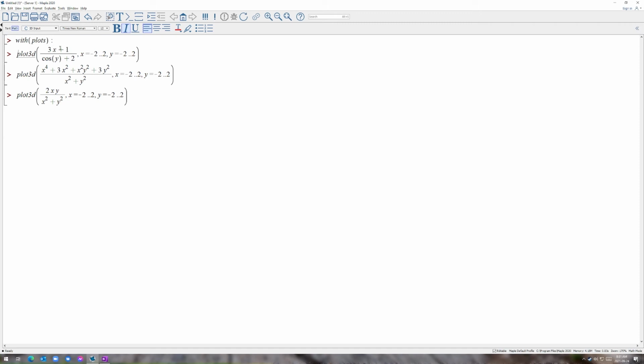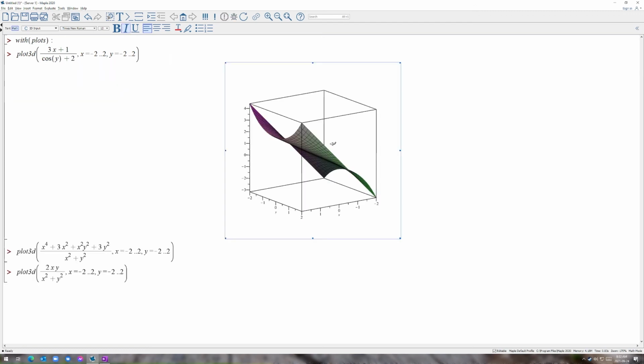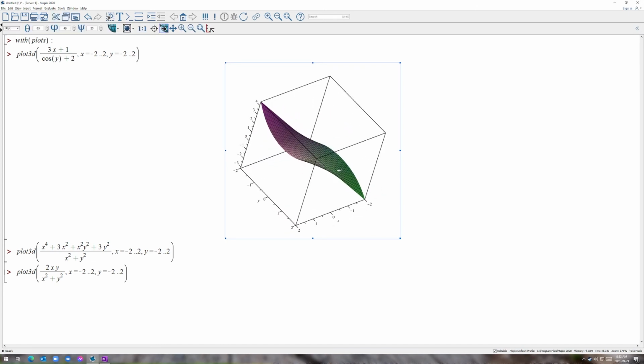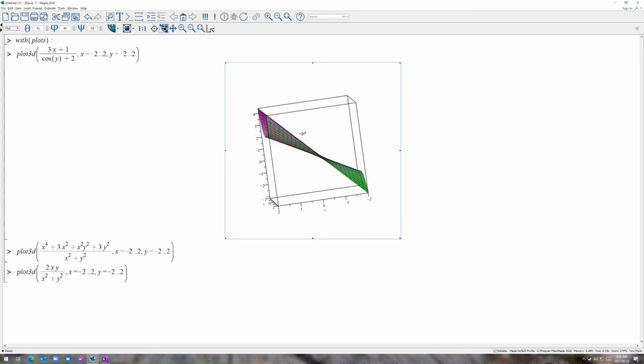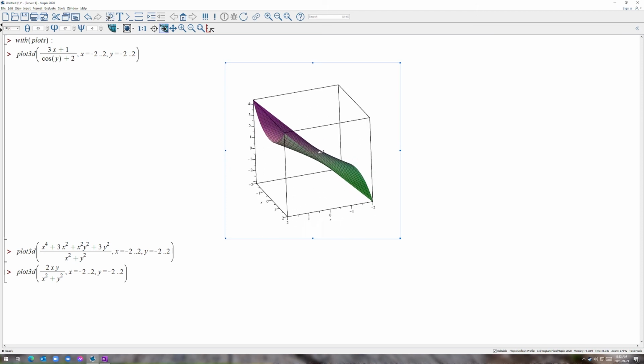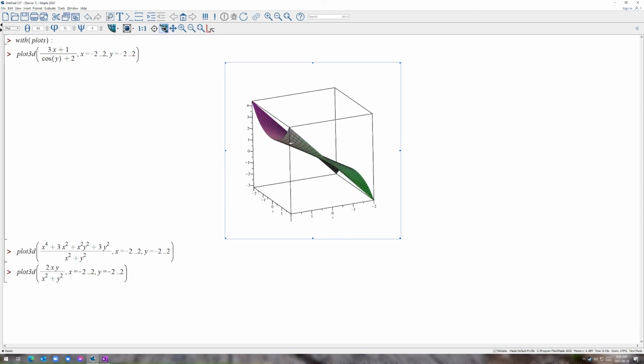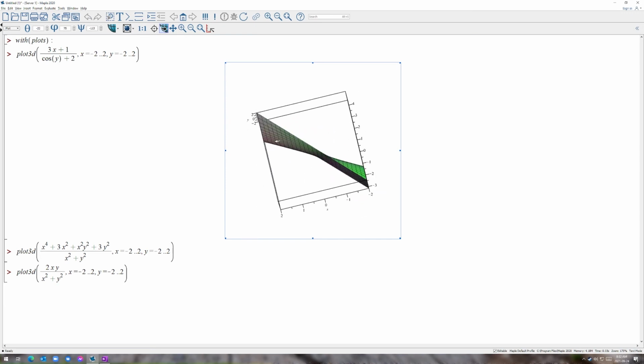Now the first one here, 3x plus 1 over cosine y plus 2, is continuous over all R2. And if you take a look at it, it's a nice smooth surface. And you might be able to see how there is some kind of cosine curve going there. It's part of one anyways.